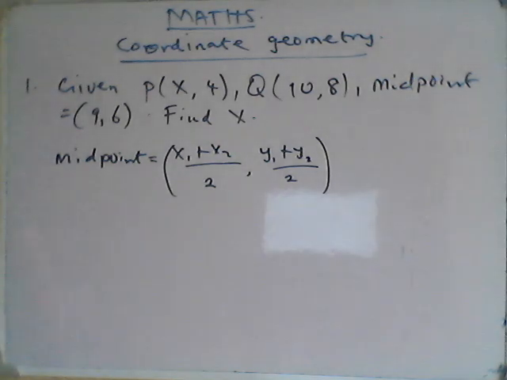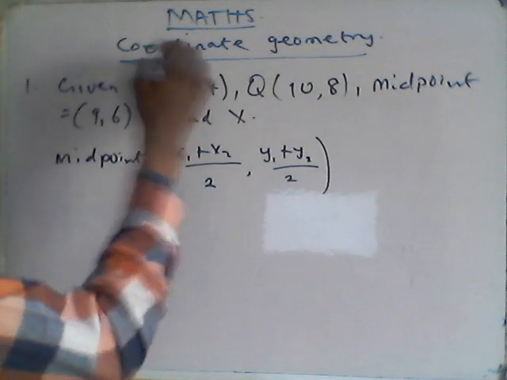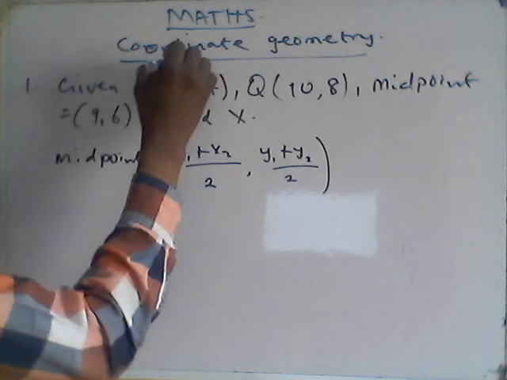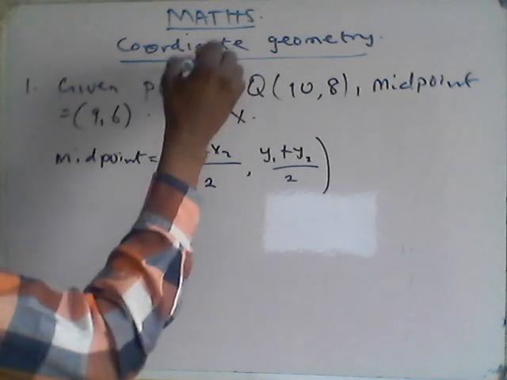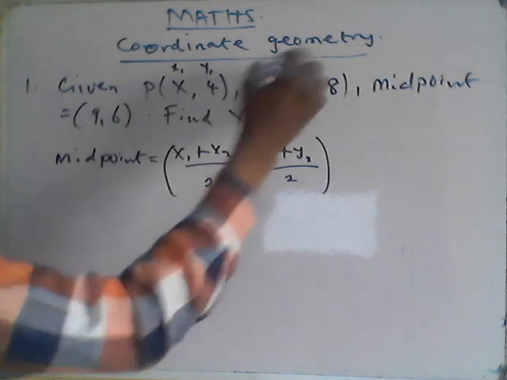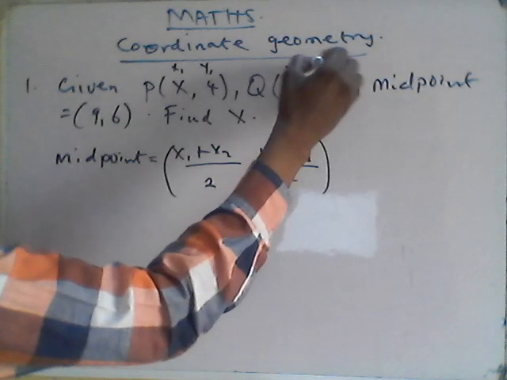So from this question, this is x1. I'll put it as a small letter x1, and this is y1. This one is x2, and this is y2.